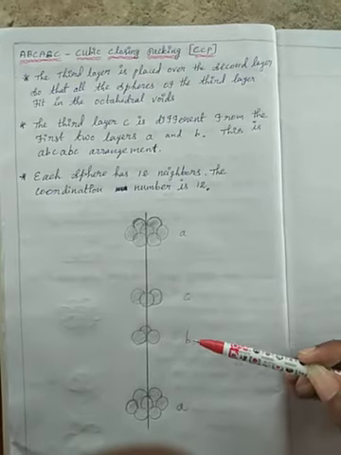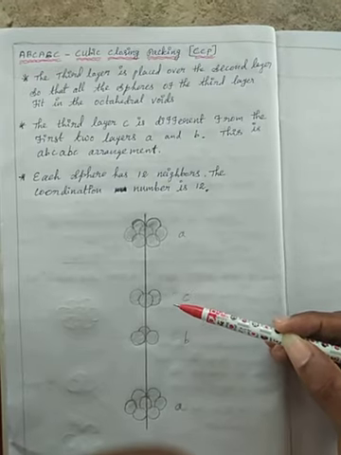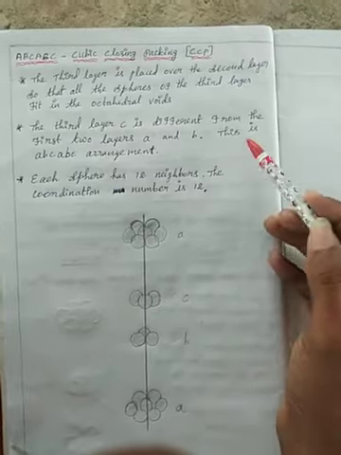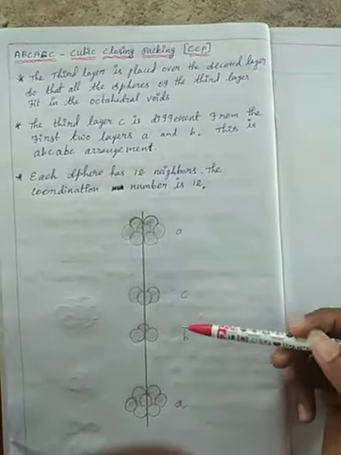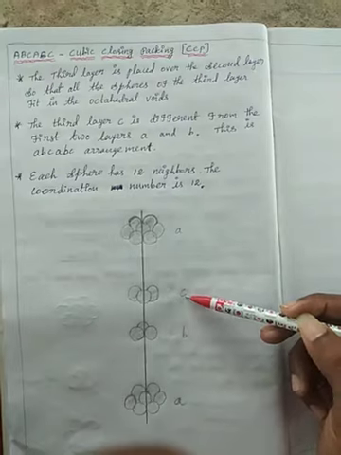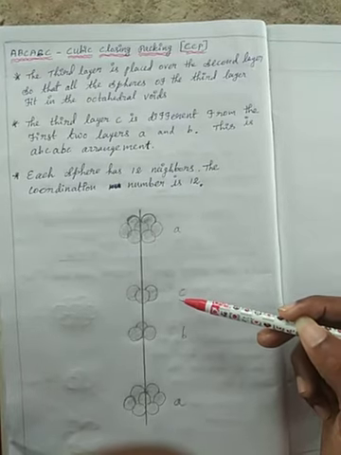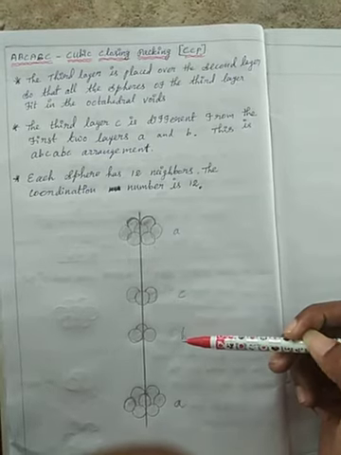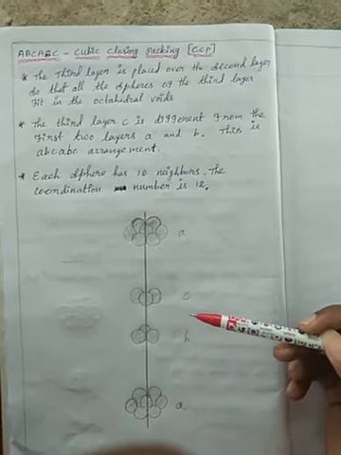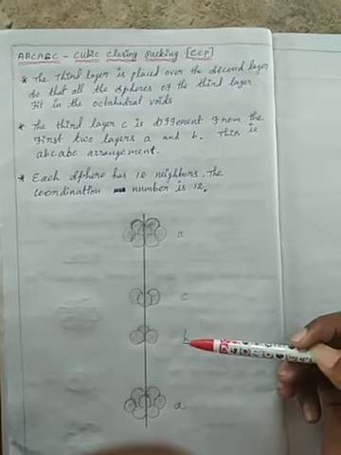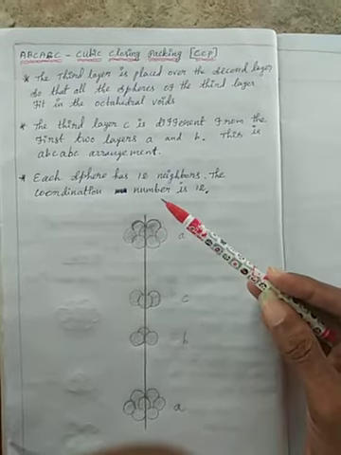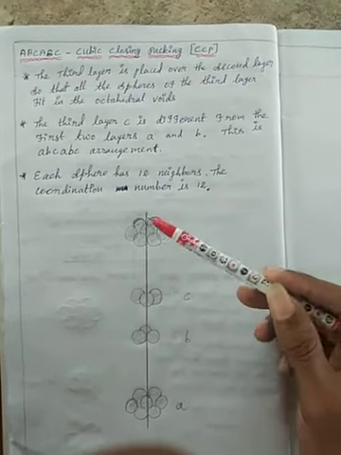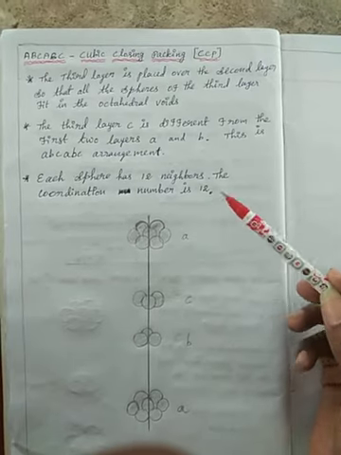The third layer C is different from the first two layers A and B. This ABC arrangement is called cubic close packing. Each sphere has 12 neighbors, and the coordination number is 12.